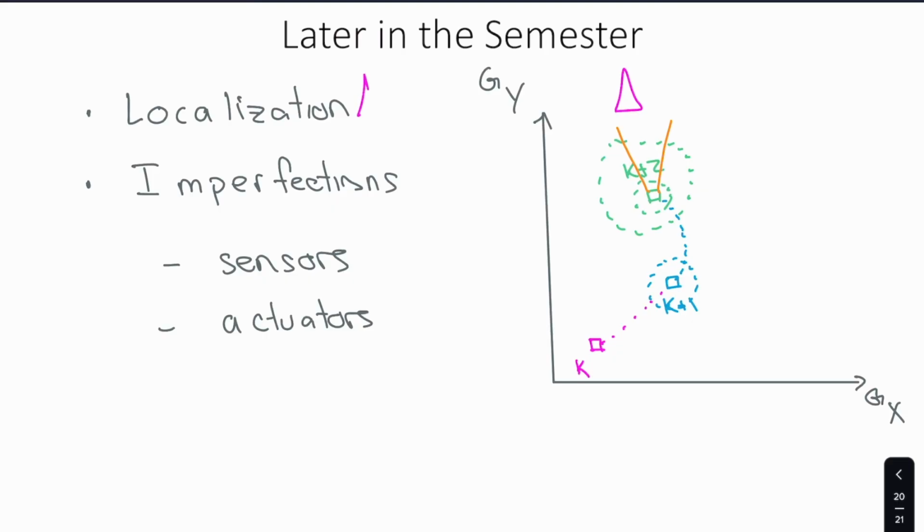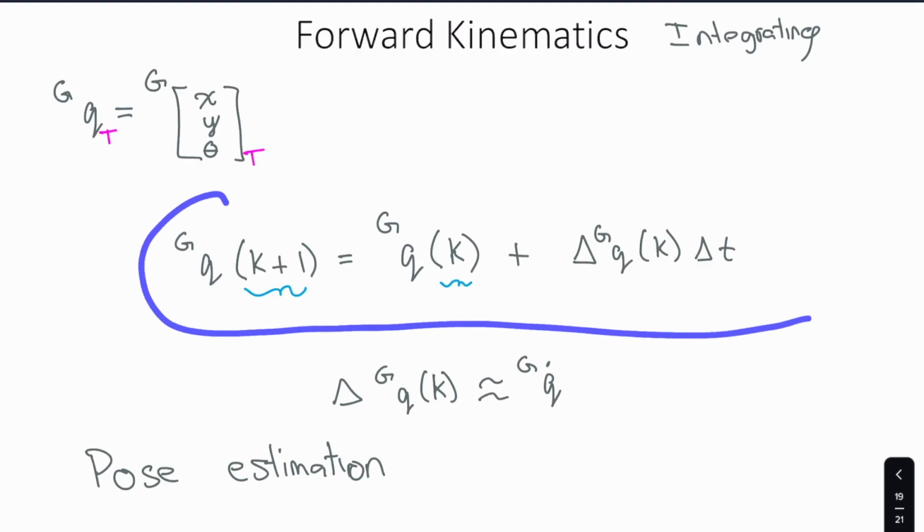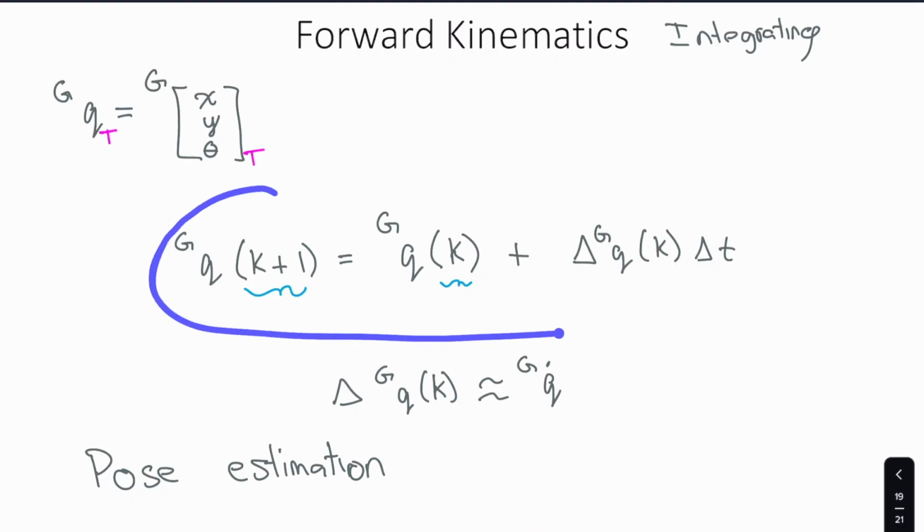That's the process of localization. But that's for another semester. I just want to foreshadow that, since it may be comforting to think that this equation is telling us exactly where we are in space. But due to slippages, numerical errors, and other factors, this equation here is always going to produce error that grows over time.